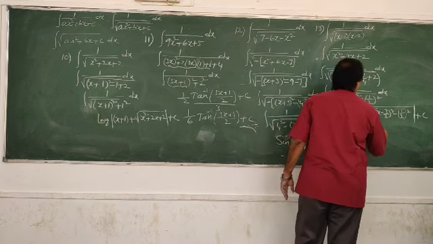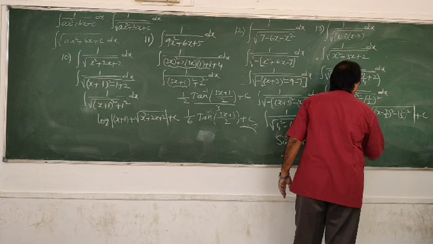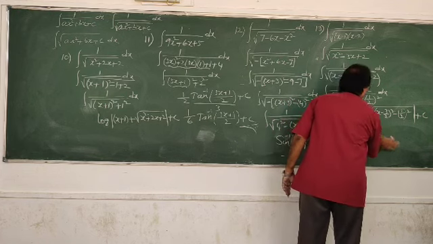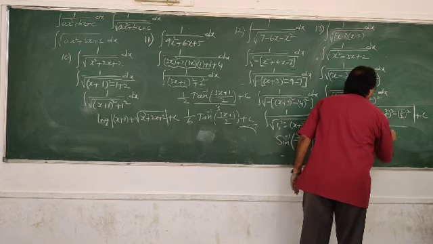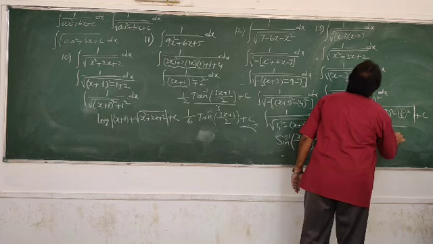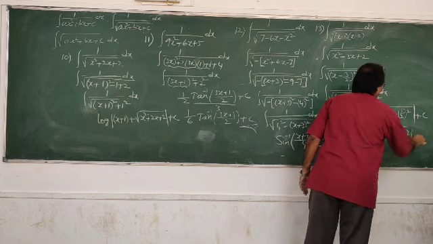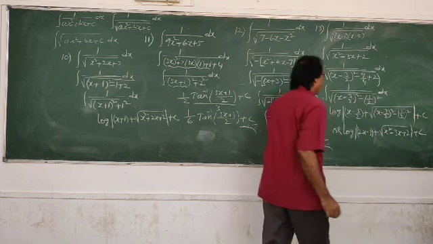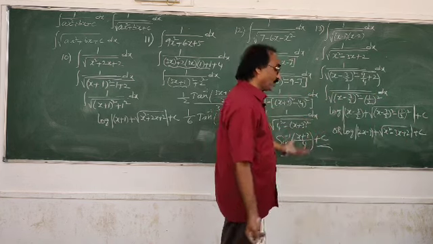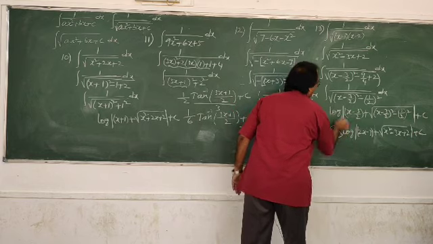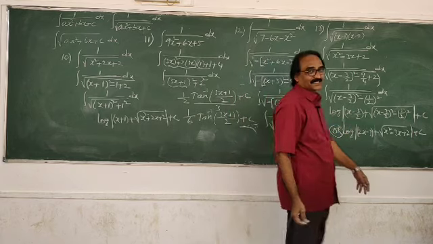So plus here log mod of plus root of x square minus 3x plus 2 dx, that's all, plus c. That form or this form, both are the same only. If you simplify this, you will get this, nothing else.